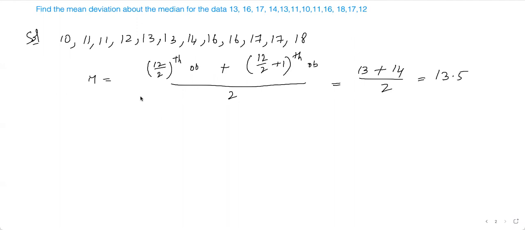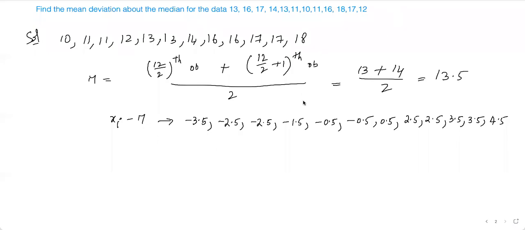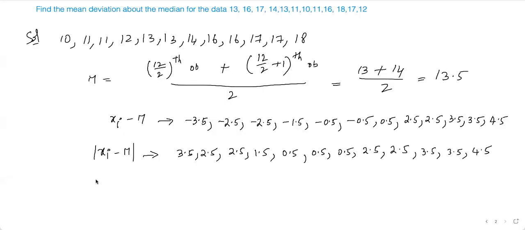And the deviations of the respective observations from the median, that is xi minus M, will be these, and the absolute values of these, mod of xi minus M. Now the required mean deviation about the median M is the summation of i from 1 to 12 of mod xi minus M, divided by the number of observations, which is 12.